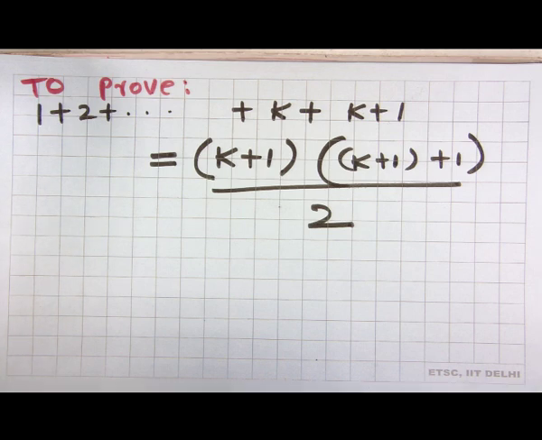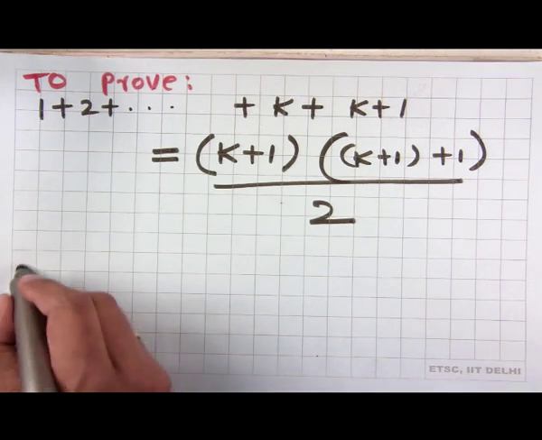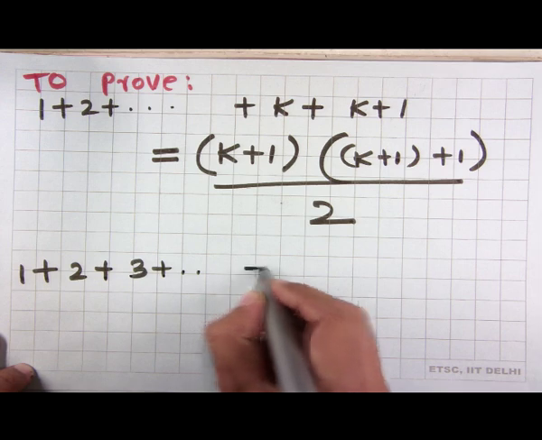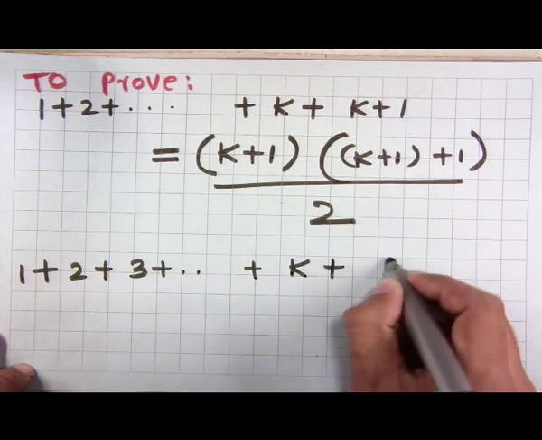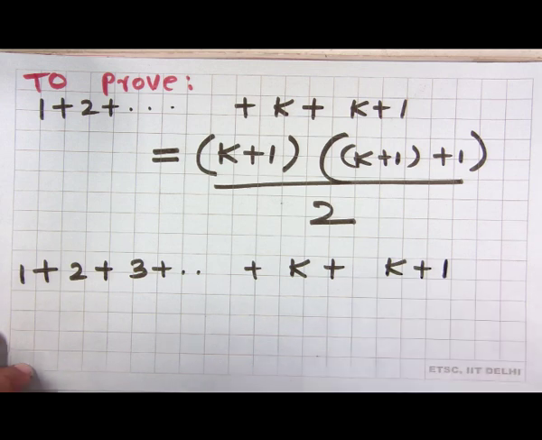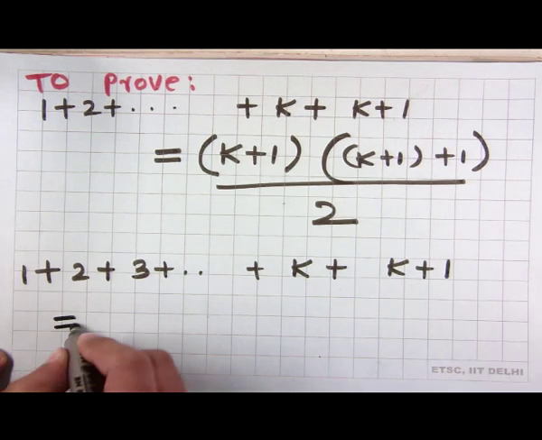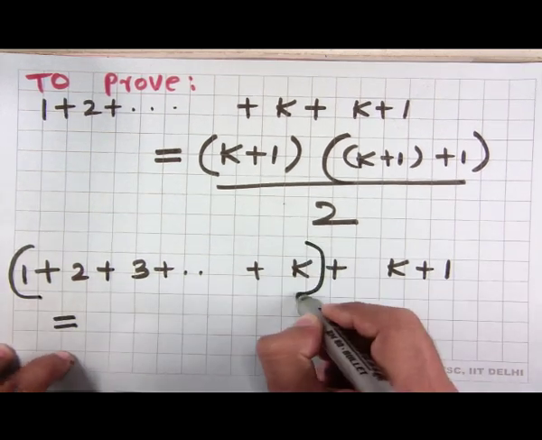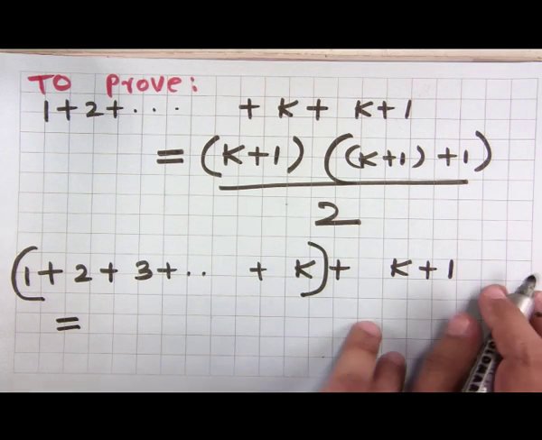Okay, as usual, let us start from the LHS: 1 plus 2 plus etc. plus k plus (k plus 1). I am grouping 1 plus 2 plus etc. plus k, and then plus (k plus 1).